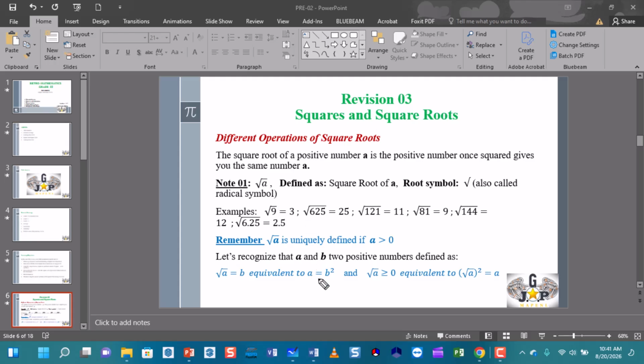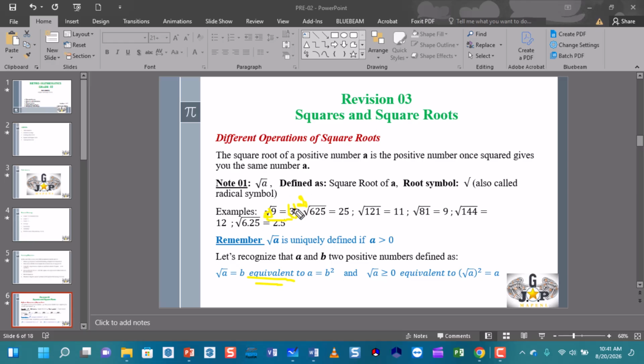Each and every time you have the square root of a equal b, that will be equivalent to a equal b squared, meaning that if I square this number, it's going to give me the number a under the square root.